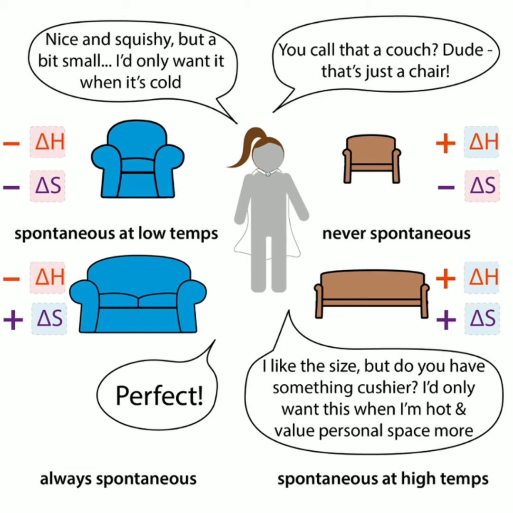Because remember, we have delta H minus T delta S. Conversely, if you have a positive enthalpy and a negative entropy, you're never going to be spontaneous. And if you have a positive both, then it's only going to be spontaneous at the higher temperatures.